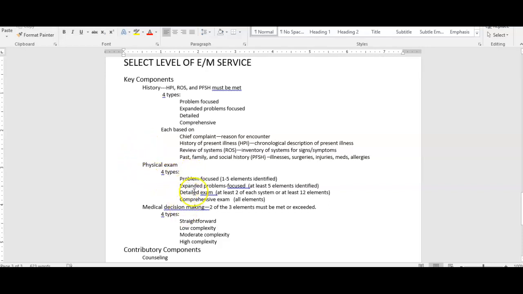The physical exam is also 4, the exact same 4 as above, but they talk about how many elements of each system are identified. And then you have medical decision making, and there are 4 types of that: straightforward complexity, low complexity, moderate complexity, and high complexity.